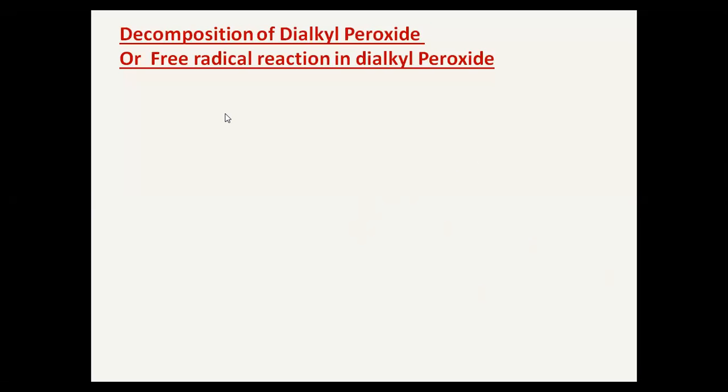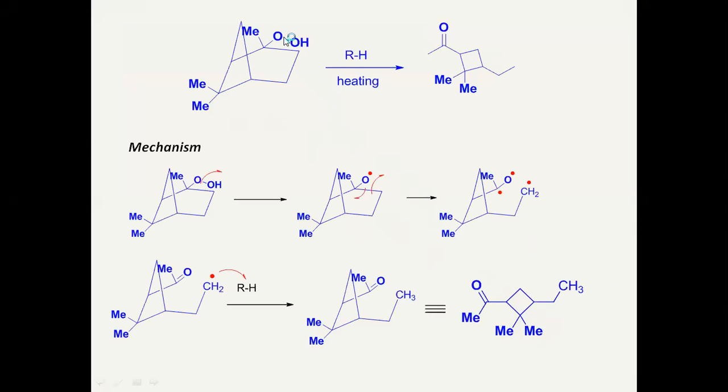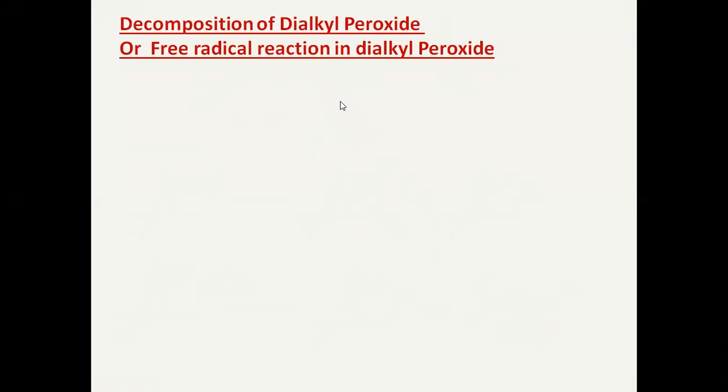See, decomposition of dialkyl peroxides. What have we seen before? Hydrogen peroxide means an oxygen-oxygen linkage. What we have seen before is an oxygen-oxygen linkage, with hydrogen on one side and an alkyl on the other, but when both sides are alkyl groups, that is called a dialkyl peroxide, or we can say a free radical reaction in dialkyl peroxide.